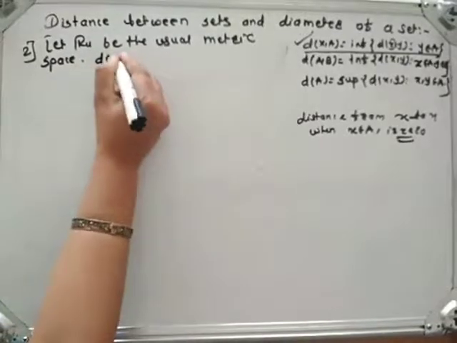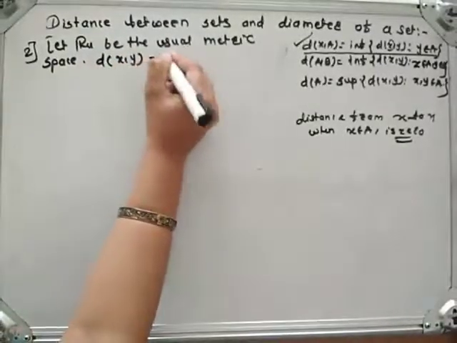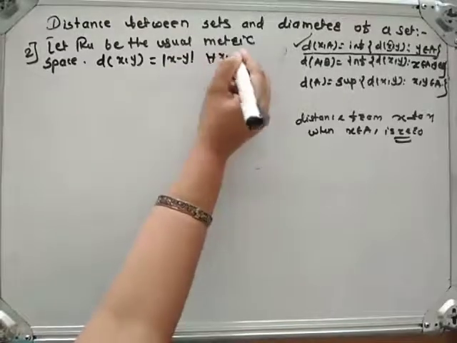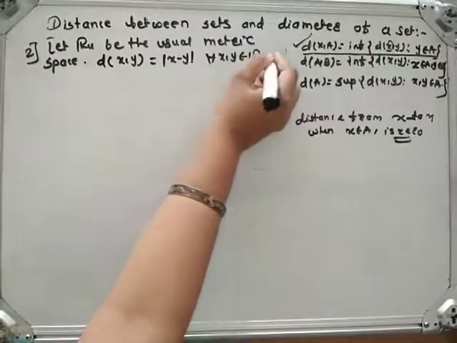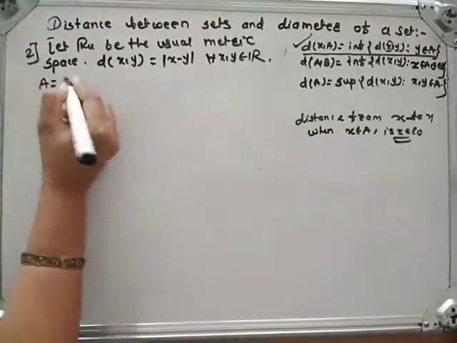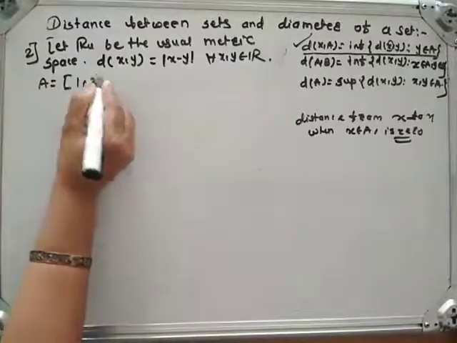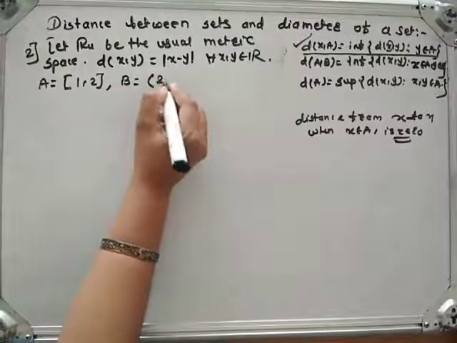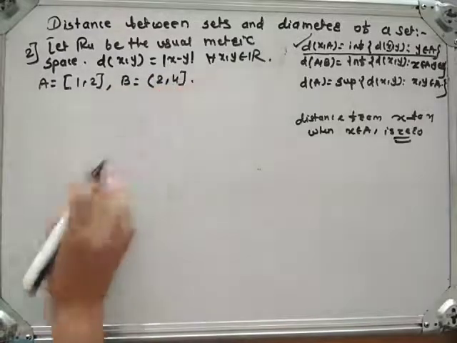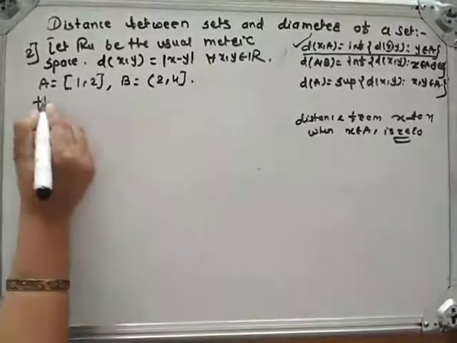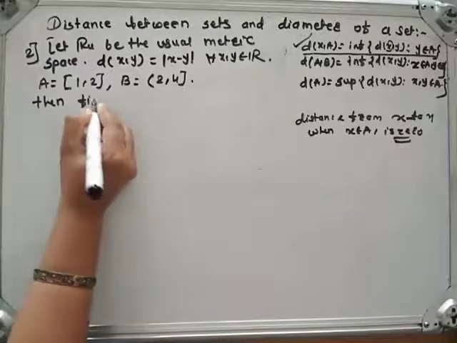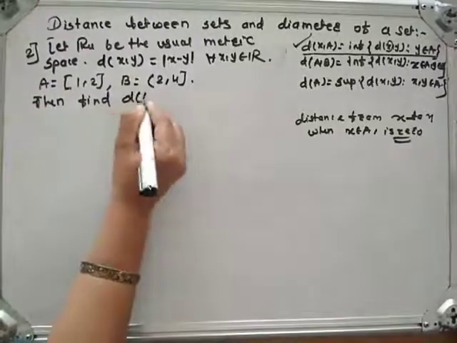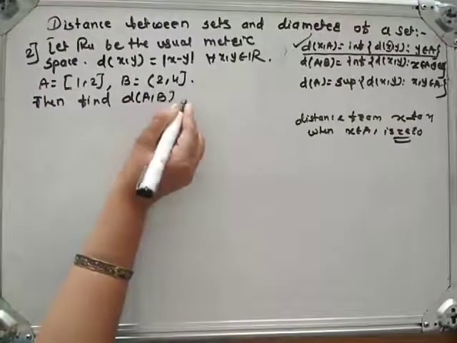We know that in the usual metric space, d of x, y is equal to mod x minus y for all x, y belonging to R. Suppose you have the set A, closed interval 1 to 2, and B, semi-open closed interval 2 to 4. Then find d of A, B.